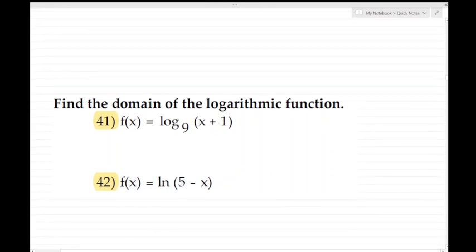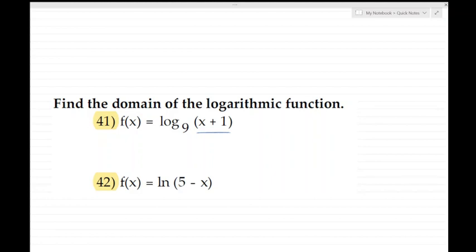Find the domain of the functions. So like we were just saying, it doesn't matter the base of the function. What we want to do is get the argument. Whatever's inside of the parentheses is called the argument. We want to get that value and set it greater than 0, and then solve for x.